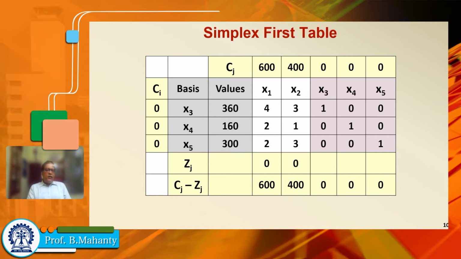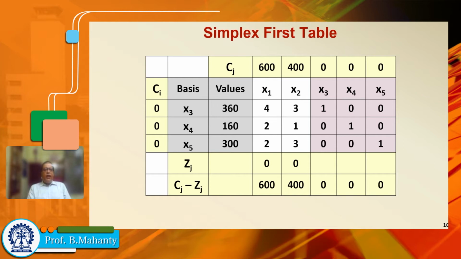So that unity matrix is formed, and the variables in the non-basis are not in the canonical form, and they are occurring in all the constraints, and their initial value will be 0 because they are not in the basis. So they can come into the basis.